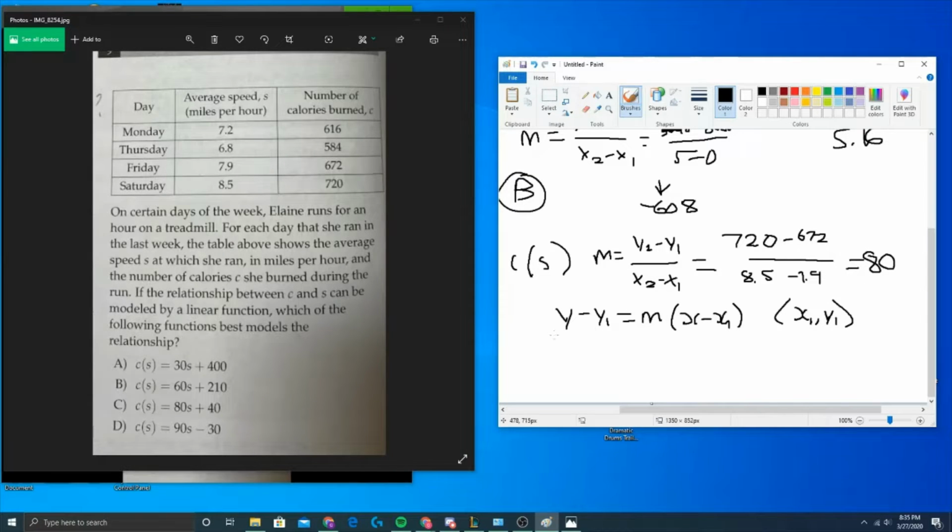We got our slope, 80. I do like Saturday better than Friday, so I'm going to choose the point 8.5, comma 720. Remember, 720 represents y because the number of calories burned is the dependent variable.